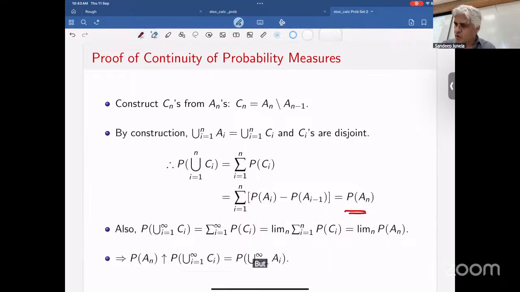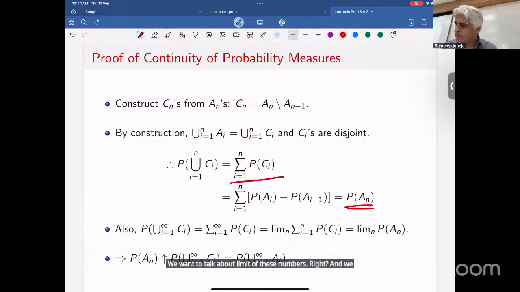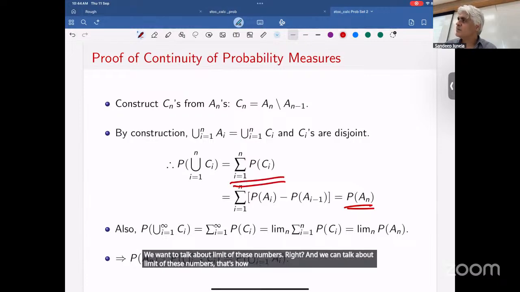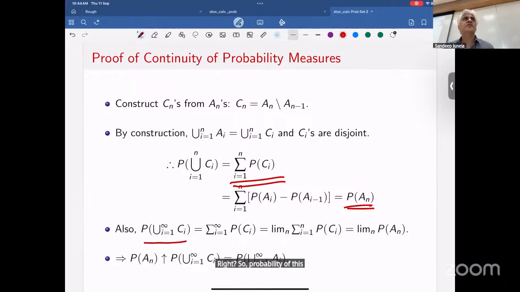But we want to talk about the limit of these numbers, right? And we can talk about the limit of these numbers. So the probability of this countable union of C_i, because they're disjoint, by the countable additivity property, is this infinite summation. They are disjoint sets, so we have this already.